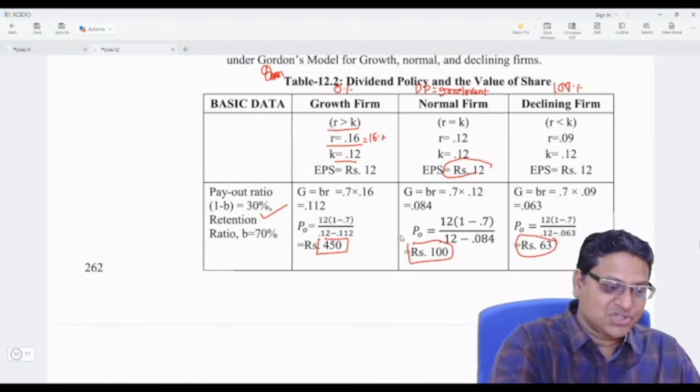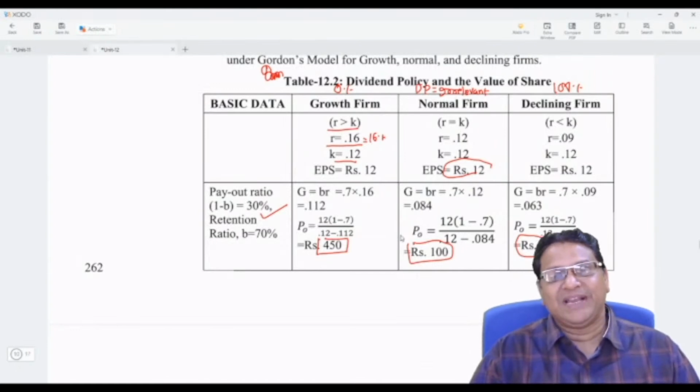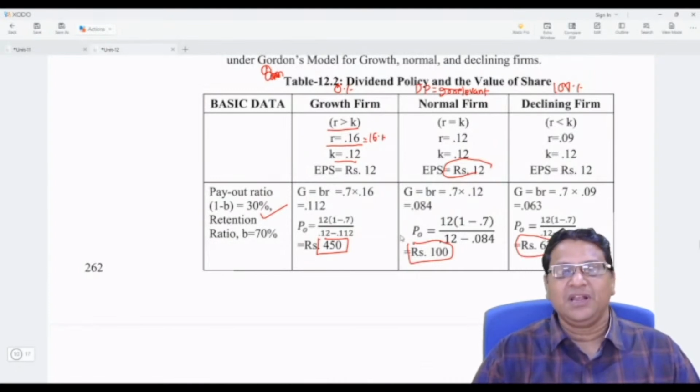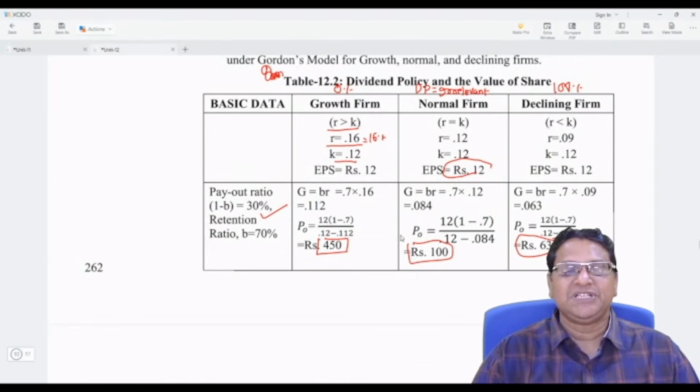So we have discussed two important theories of dividend policy. One is Walter's model, another is Gordon's model. Walter's model and Gordon's model classify the firm into three parts: normal firm, growth firm, decline firm. In case of growth firm, both the theories tell that the dividend payout ratio should be 0%.